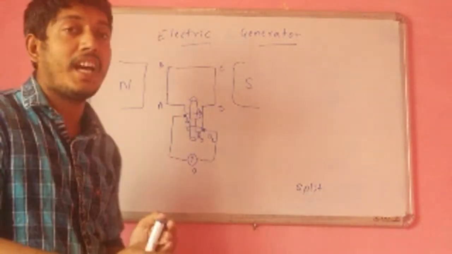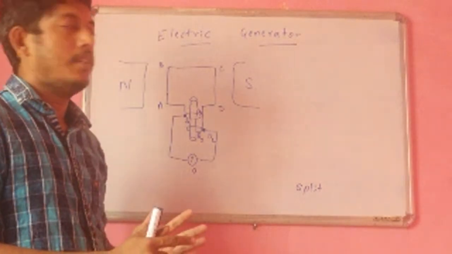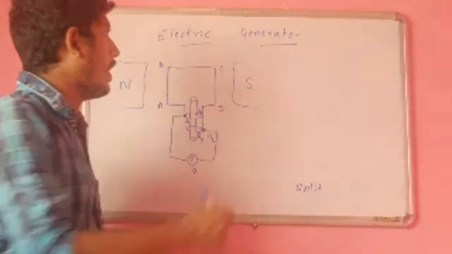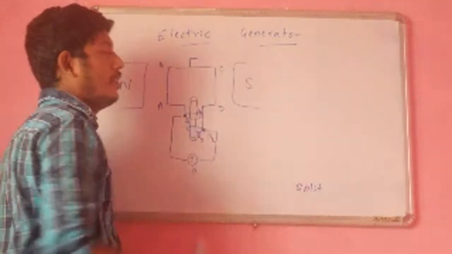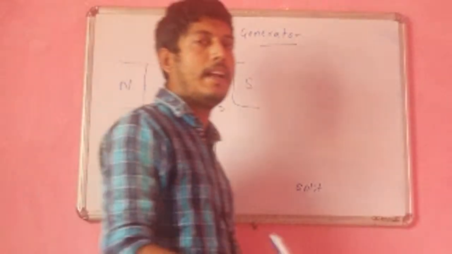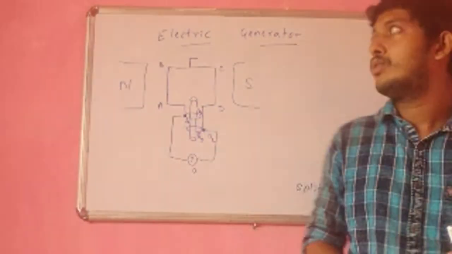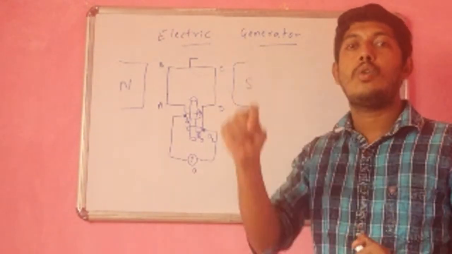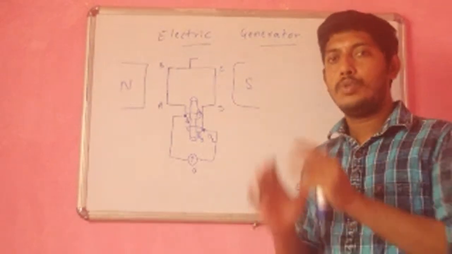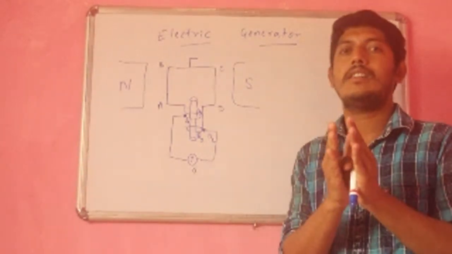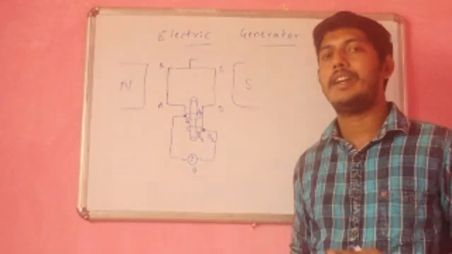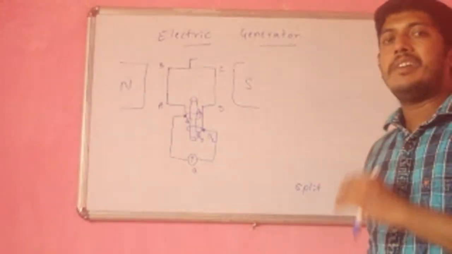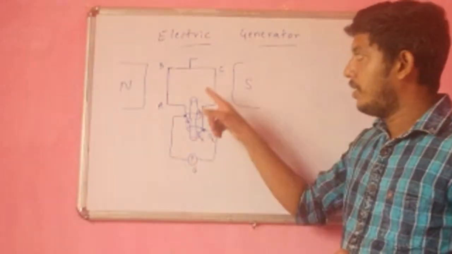So for the mechanical motion of the armature we have to connect one handle. This handle is used to rotate the armature. Just I am comparing electric motor and electric generator.